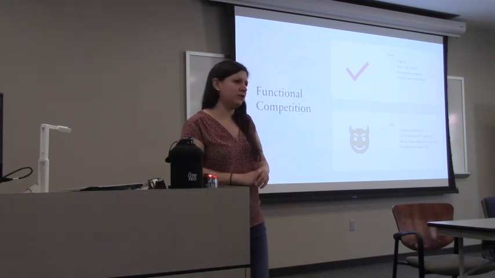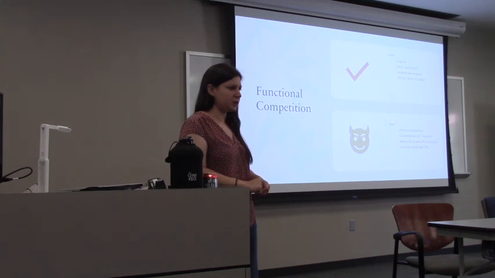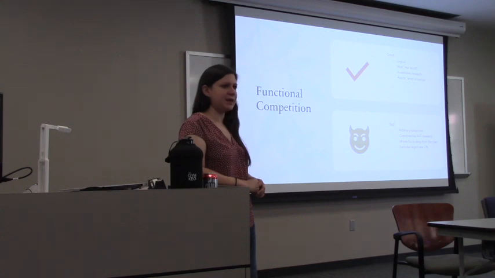And then the final argument is that functional competition excludes certain counterplans that ought to be included. So we might say this excludes the consultation counterplan or other counterplans that compete textually, and that excluding a certain category of counterplans is bad.